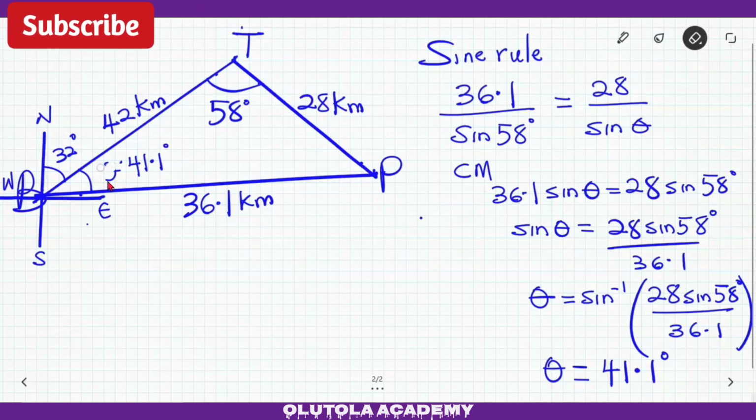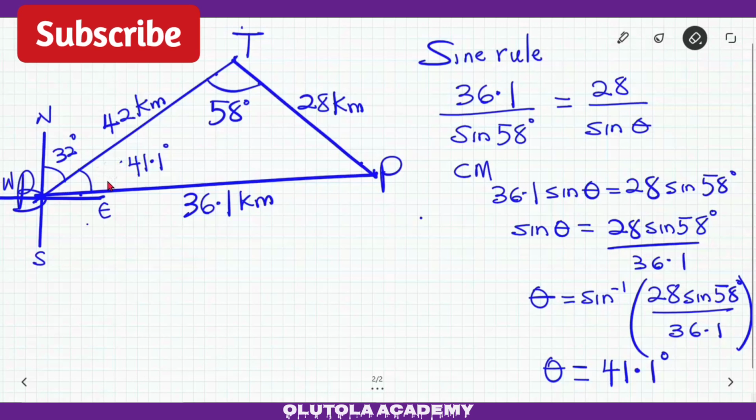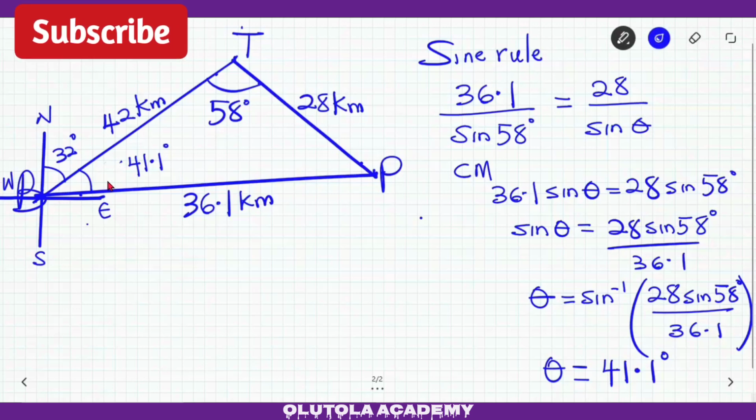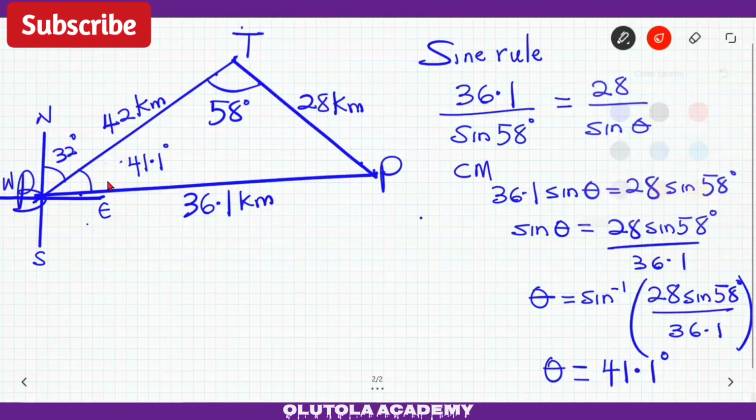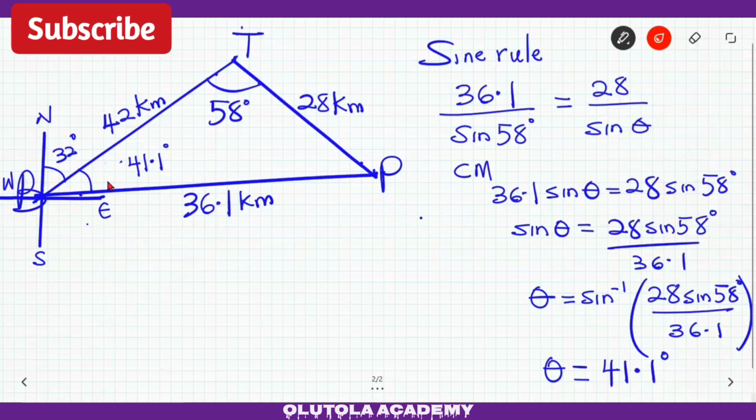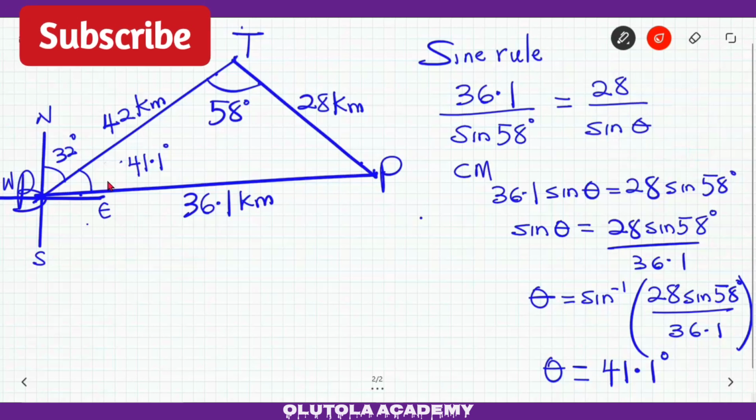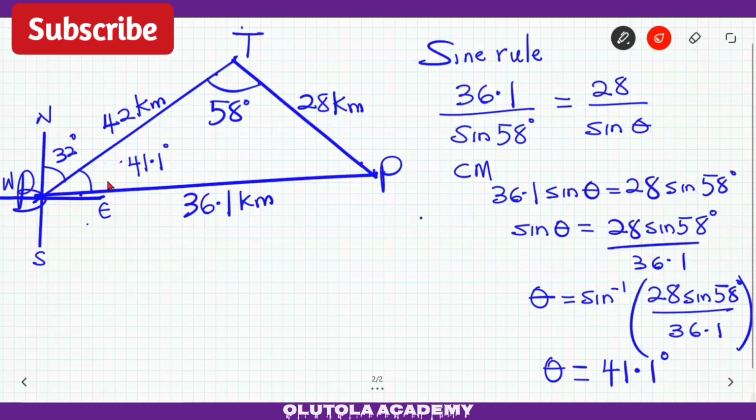So what we are going to do now is read the three-figure bearing. What is our bearing from the base camp?